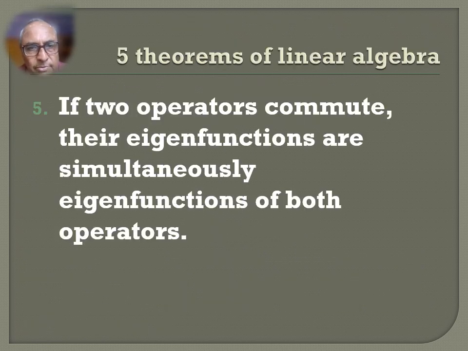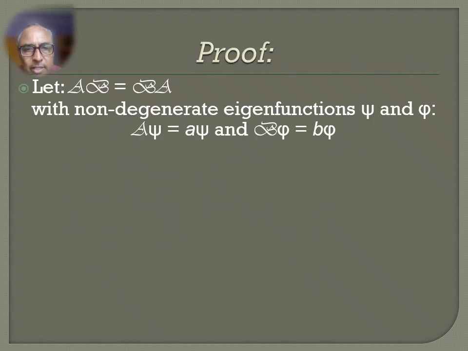The fifth theorem states that if two operators commute, their eigenfunctions are simultaneously eigenfunctions of both operators. To prove this theorem, let A and B be two commuting operators, that is AB equals BA, with non-degenerate eigenfunctions psi and phi, that is A operating on psi equals small a times psi and B operating on phi equals small b times phi.